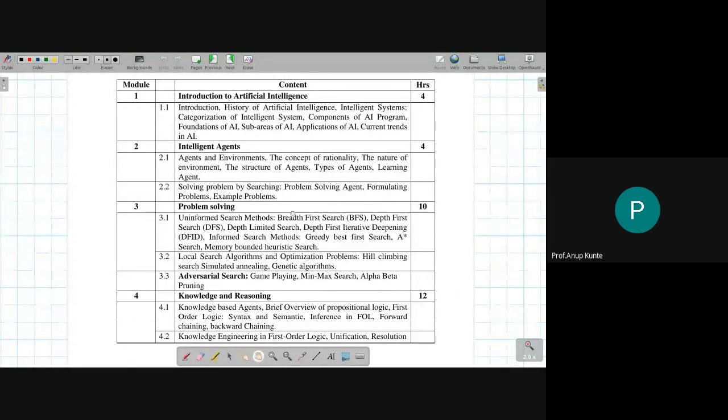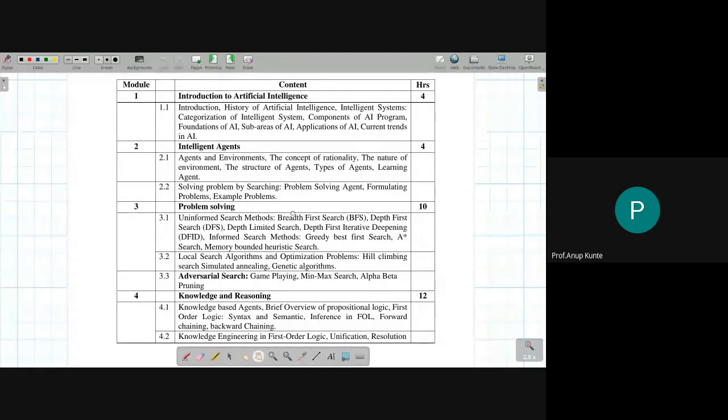But since the approach of IT is an application level approach, they are just getting introduced to these ideas, whereas computer students are getting a more in-depth understanding. We are trying to give more in-depth understanding of the base fields.